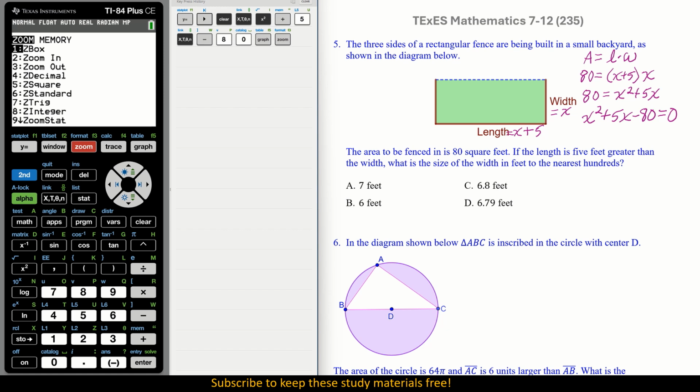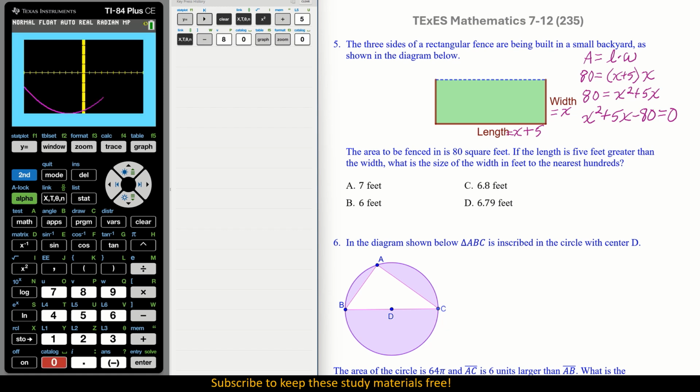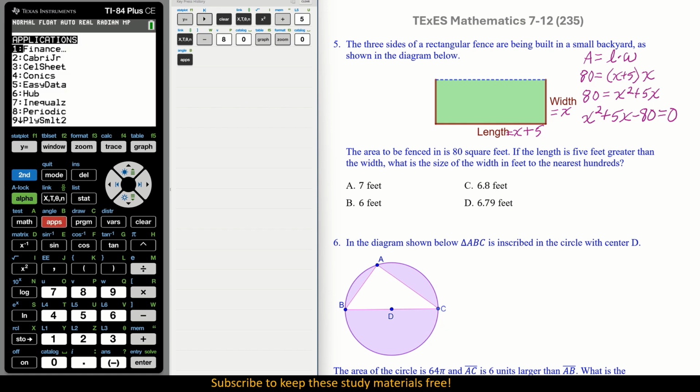Let's see if we can try a fit. Okay, if we go over here and kind of look at it, that's 1, 2, 3, 4, 5, 6. 6, not quite 7 for our x value. That's estimating too close for me. Okay, there would be a couple other ways we could do this, but let's use our application.